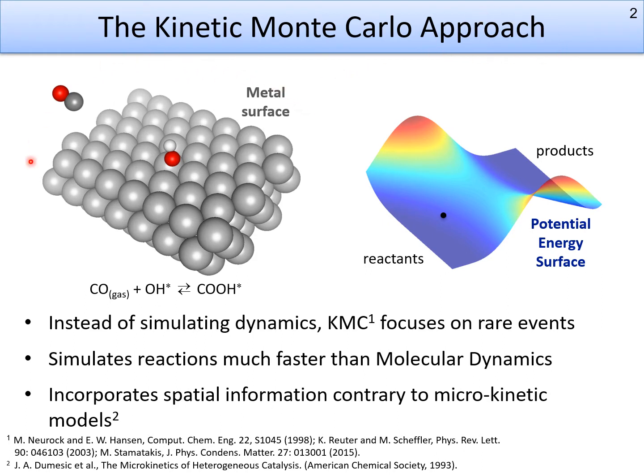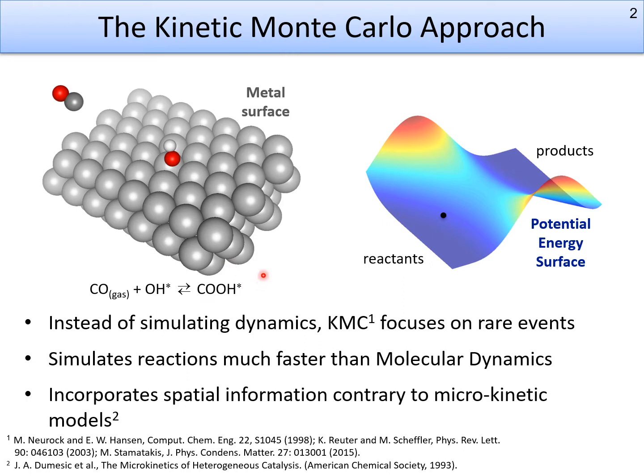And you may be wondering, why not do some sort of ab initio molecular dynamics? So I'm going to answer this question by looking into a very simple model system, a model elementary reaction in which we have CO in the gas phase interacting and reacting with the hydroxyl species on the surface and giving us this species here, carboxyl.